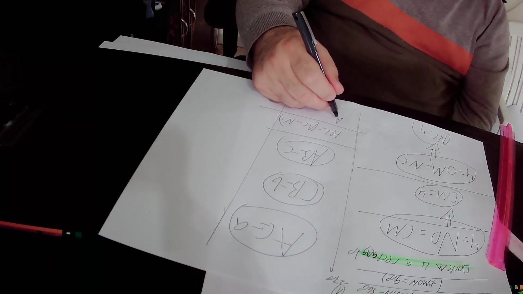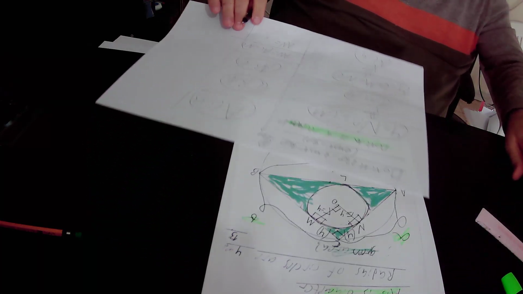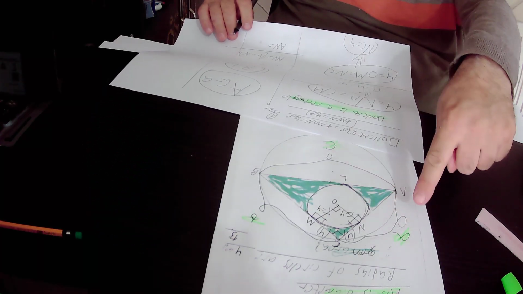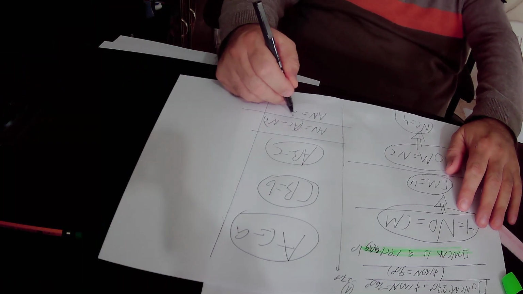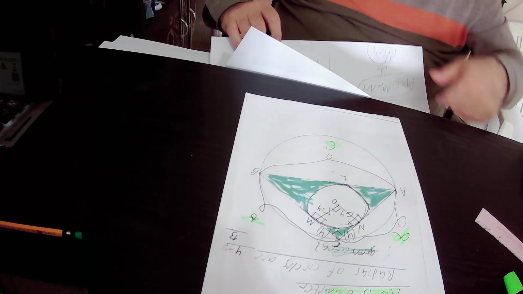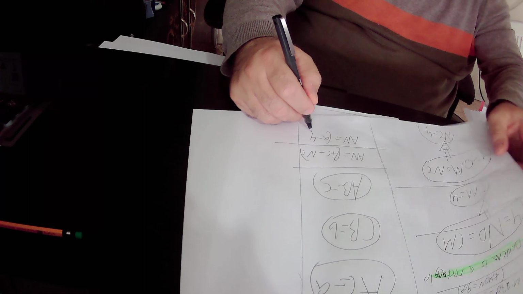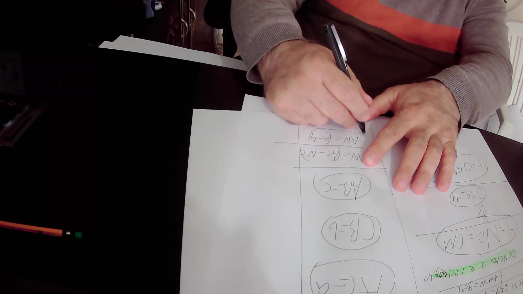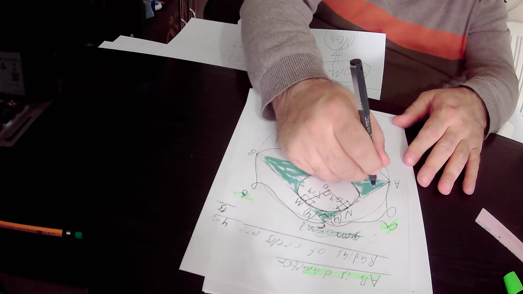AC equals A according to our definition, and NC equals 4 according to what we have already found out. So in conclusion we found out that AN equals A minus 4. So we can write here that AN equals A minus 4.